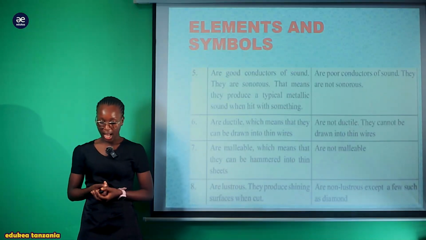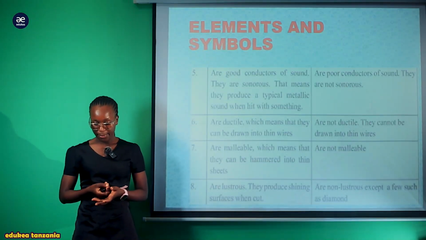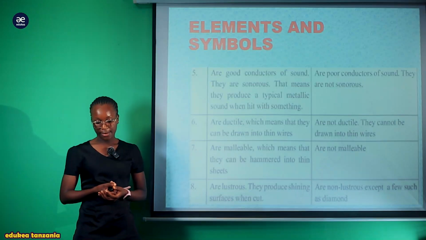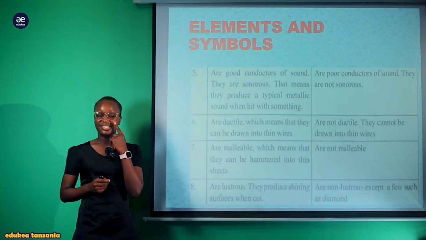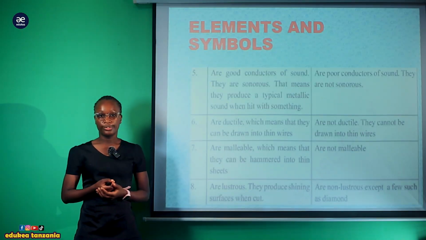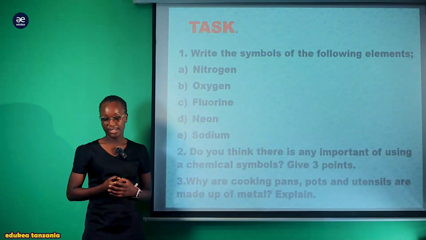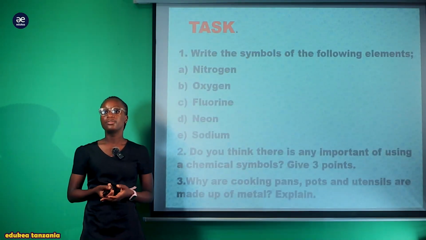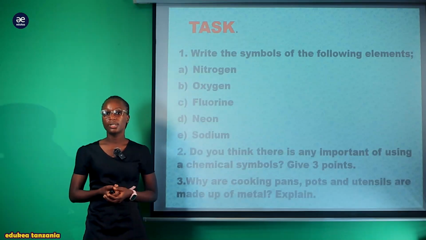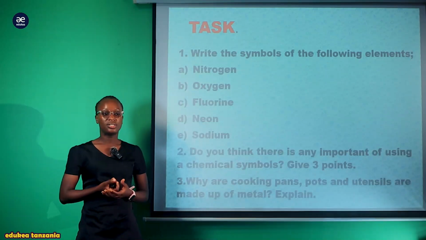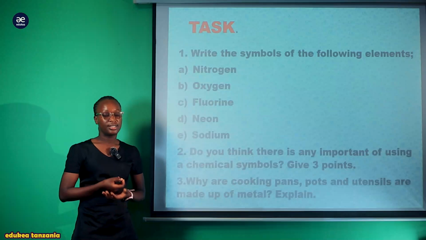Now, my students, after looking at the concept of elements and their symbols, the idea of metals and non-metals, the characteristics which can differentiate metal from non-metal, now here it's your task. You can try to attempt it so as you can recall and memorize, and also you can understand the concept well.